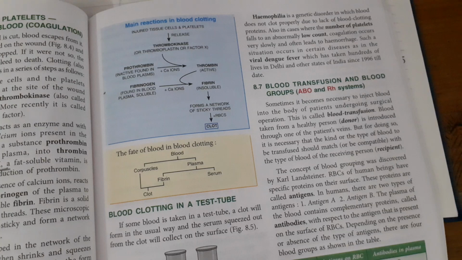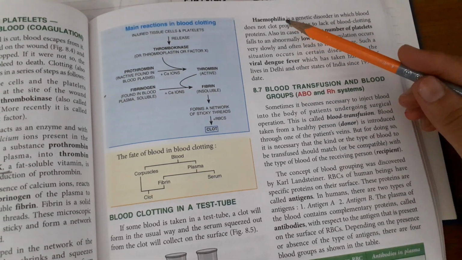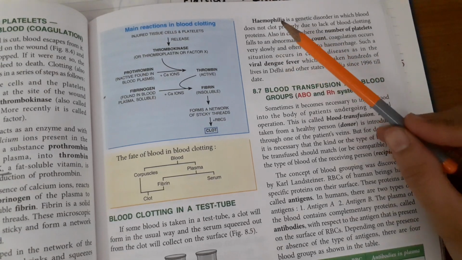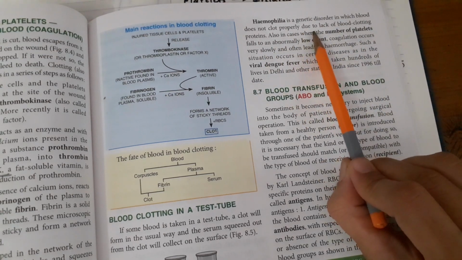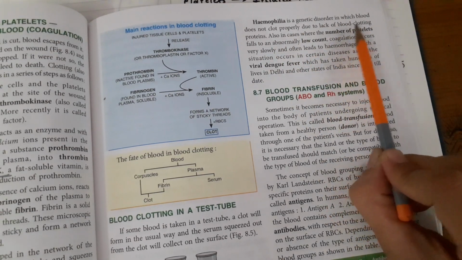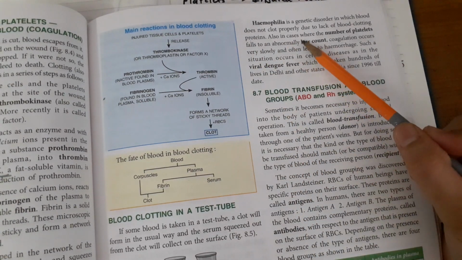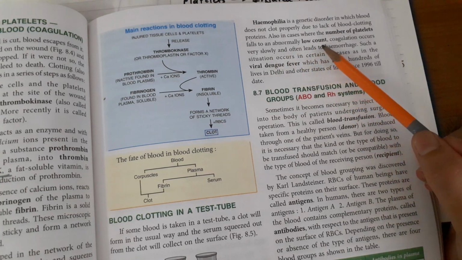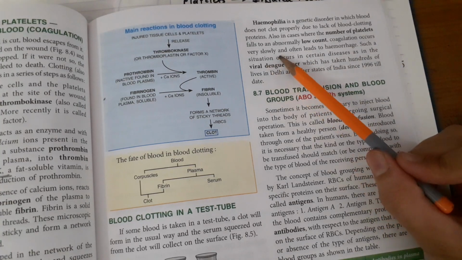Last topic related to blood clotting, hemophilia. We have already discussed the X-linked inheritance in our second and third chapters. Hemophilia is a genetic disorder in which the blood does not clot properly due to the lack of blood clotting proteins. In these cases, the platelet count may fall abnormally low, and coagulation occurs very slowly.